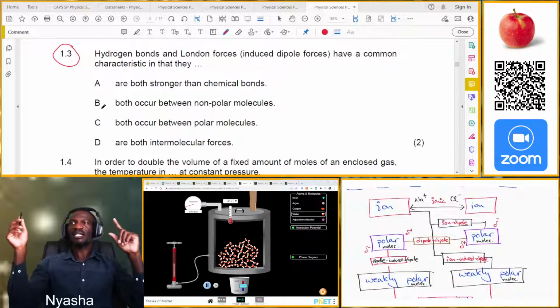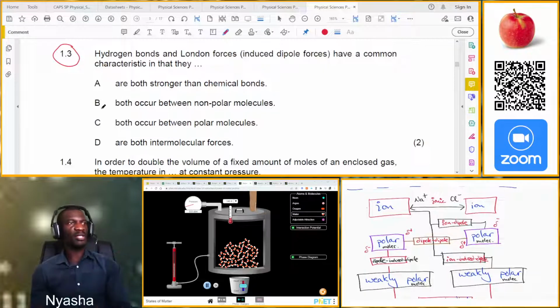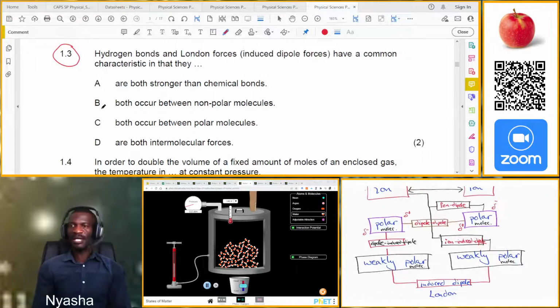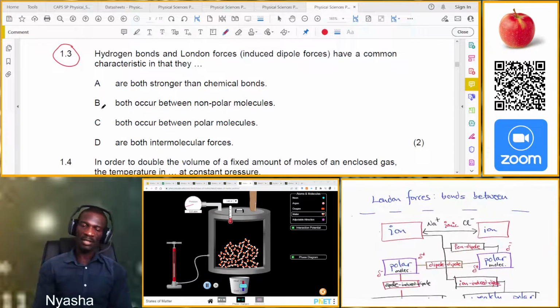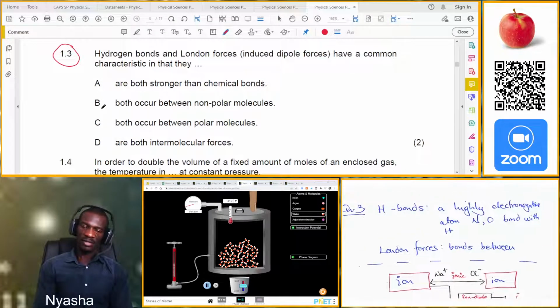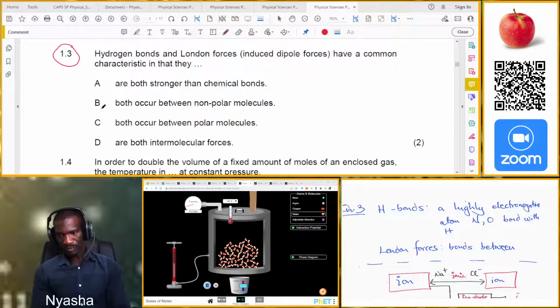And then they are both intermolecular forces. The last one is correct because yes, we have intermolecular hydrogen bonds. We said between hydrogen and any strongly electronegative atom, for example water.